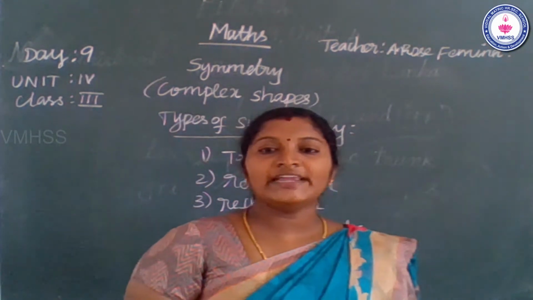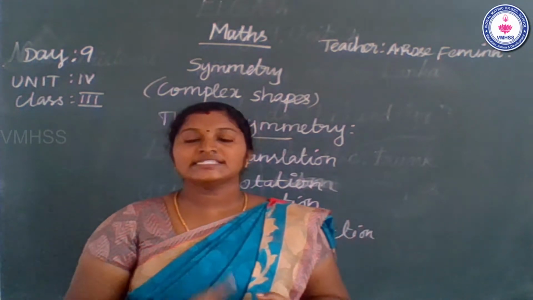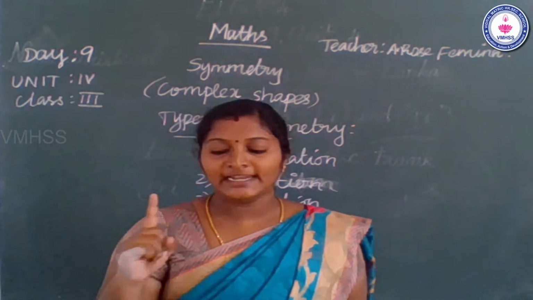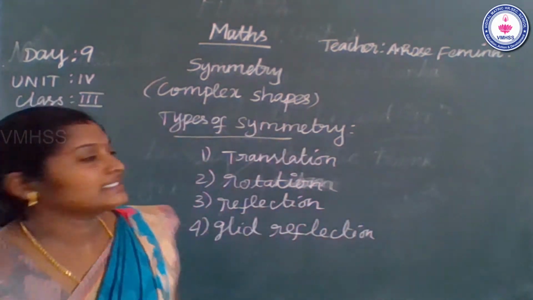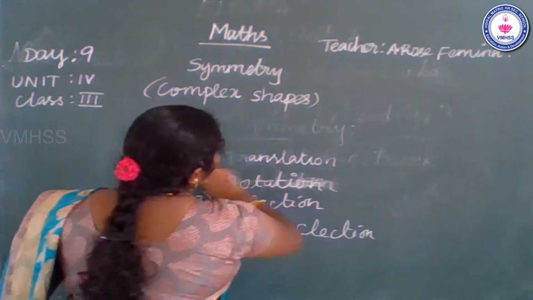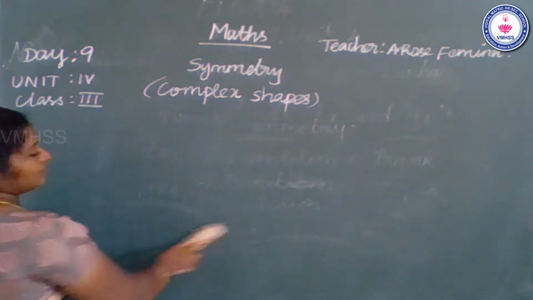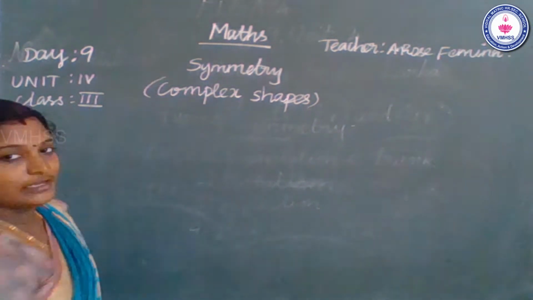The first letters A, B, C, D and E all have only one line of symmetry. See the board carefully. One line of symmetry.